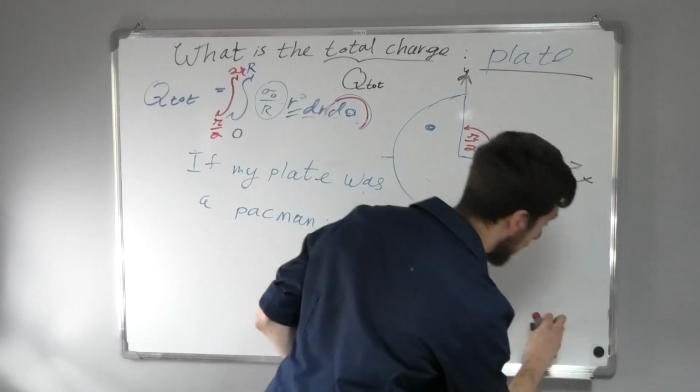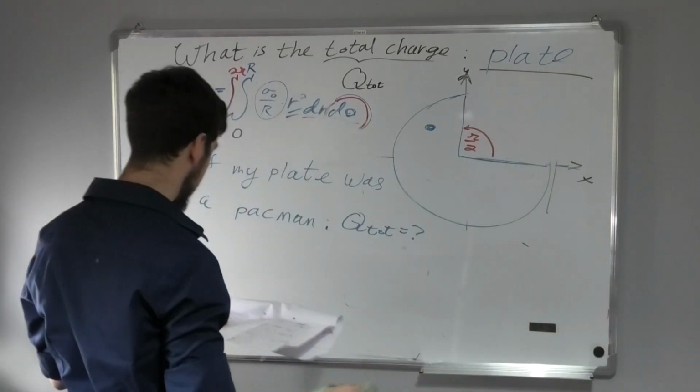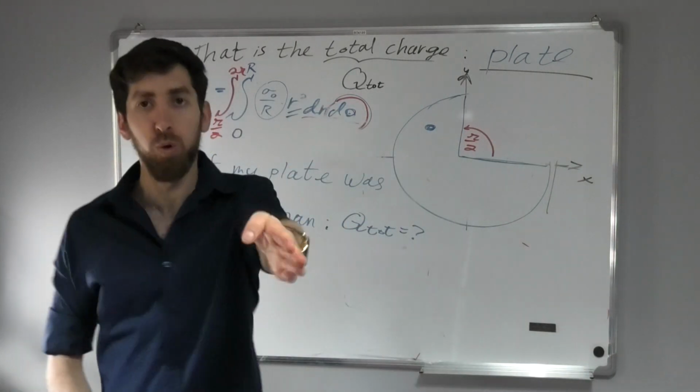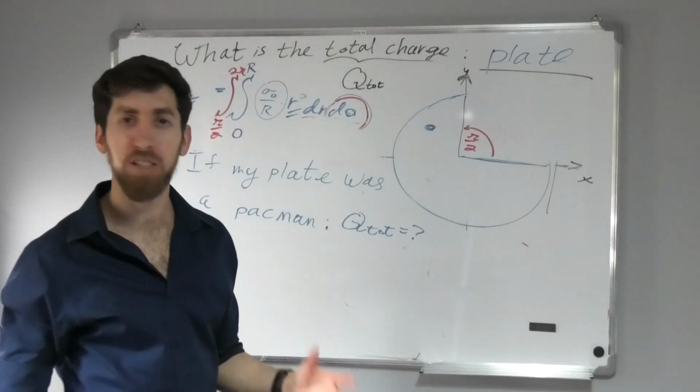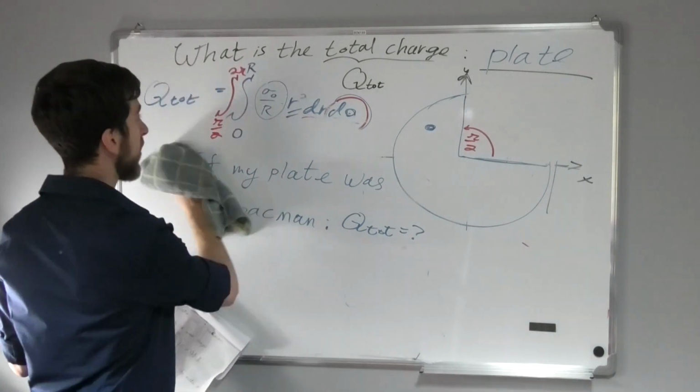And I want to give you a similar question: if someone would shoot inside my plate, in the middle, how would the solution change? So let's write it down.